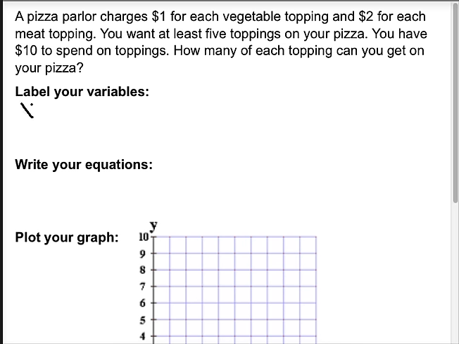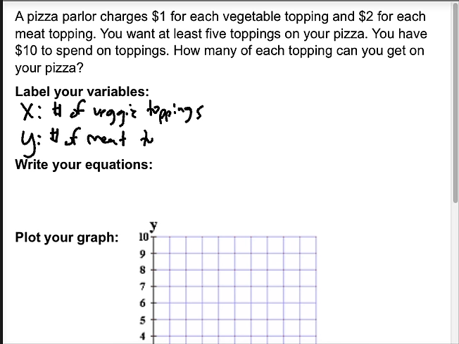All right, so how many of each? So x is going to be the number of veggie toppings. y is going to be the number of meat toppings. Whenever you are constructing equations, you always want to look at what you are being asked to find.